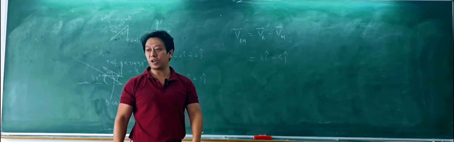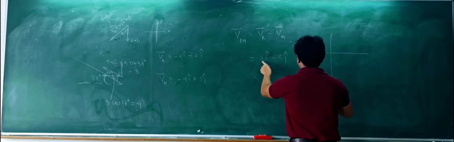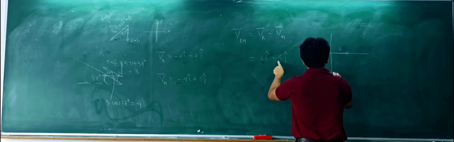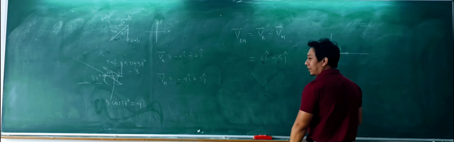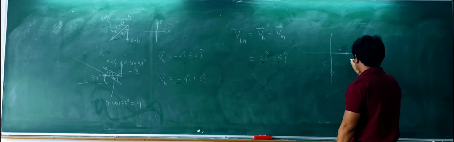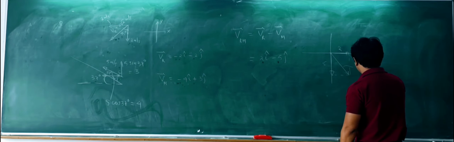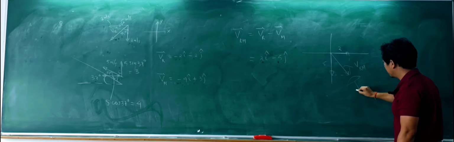Now how to mention it in angle? Simple. Draw this vector. X is 2. Y is minus 5. Y is minus 5 meaning down. Length will be what? 5 only. So where is the rain coming? It is coming in this direction, for the man. So where should he hold the umbrella?